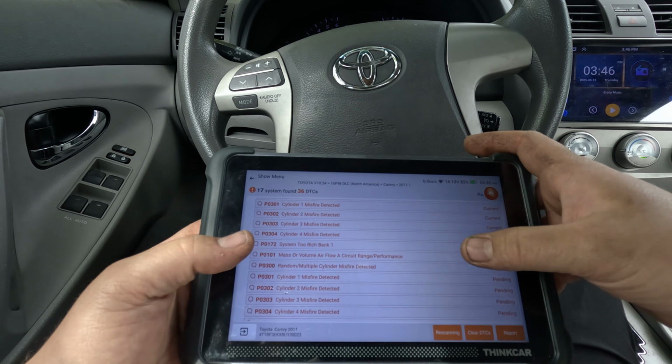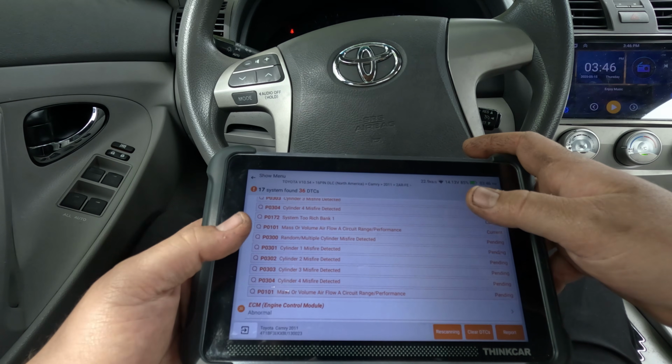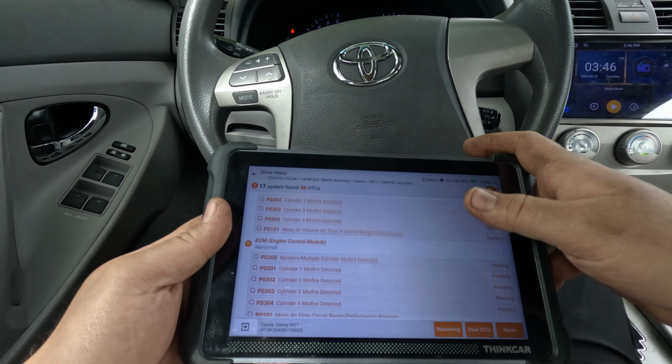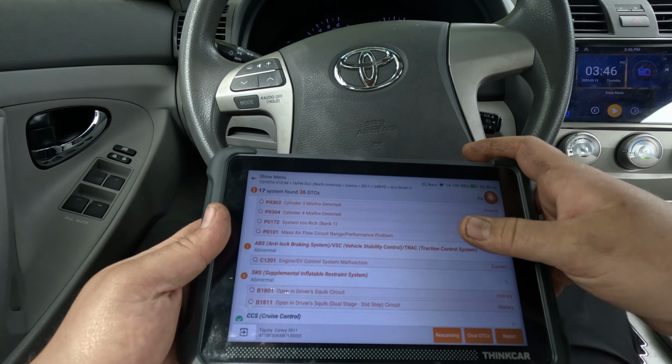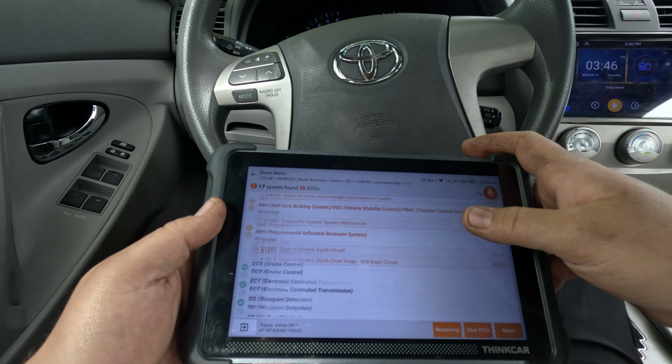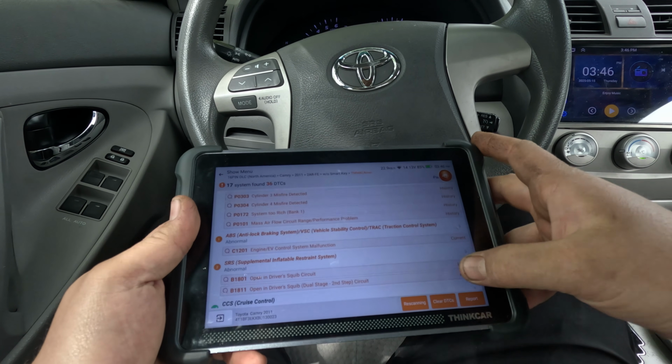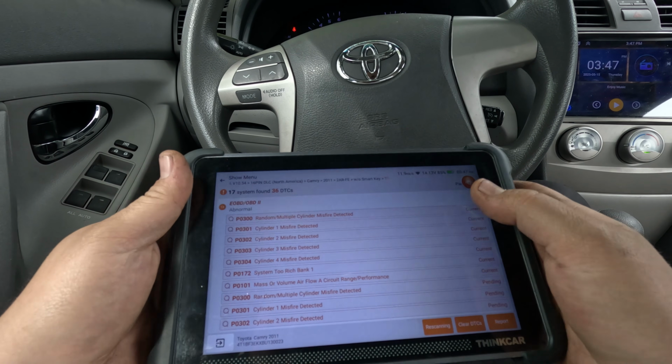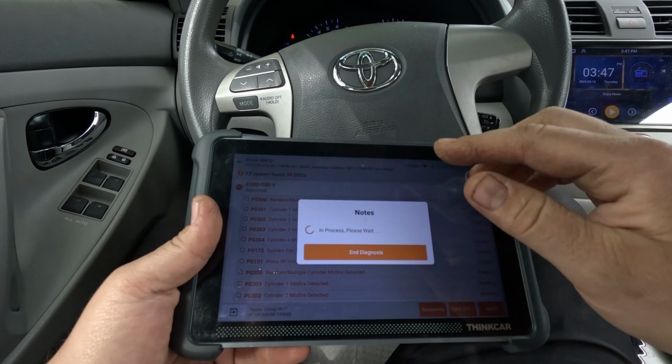Mass airflow, A circuit range performance. Oh, those are just history codes. Okay. Let me just make a report of this. Alright, let's go into OBD first.